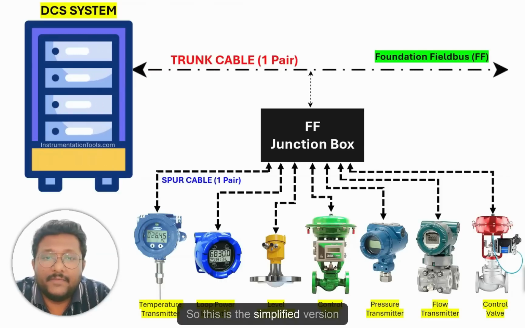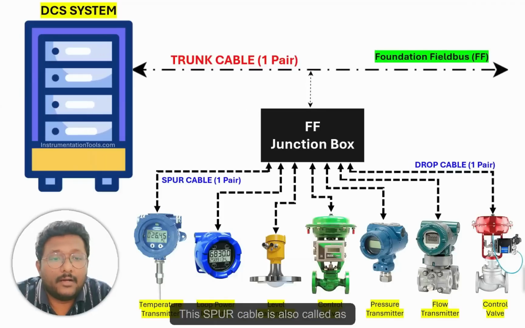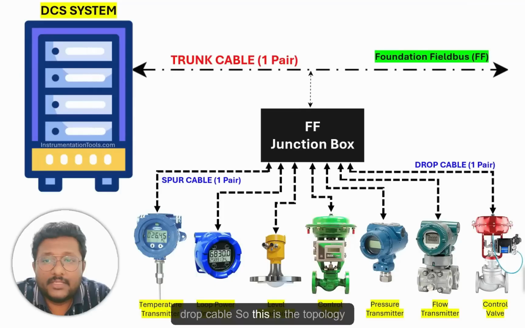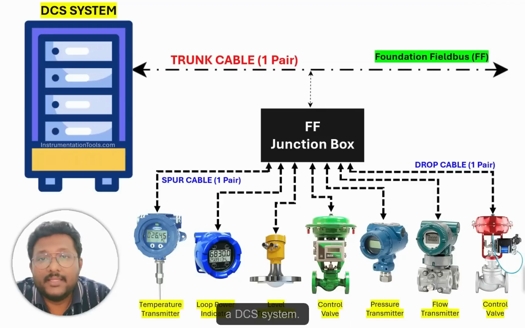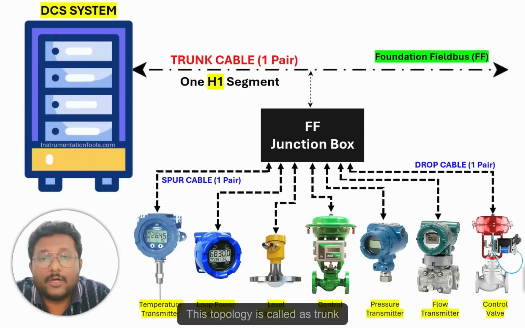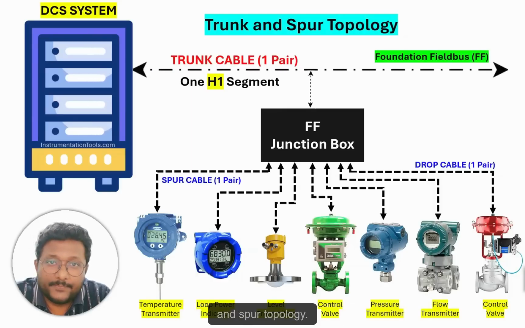So this is the simplified version of that. This spur cable is also called as drop cable. So this is the topology for a single FF junction box for a DCS system, right? This topology is called as trunk and spur topology.